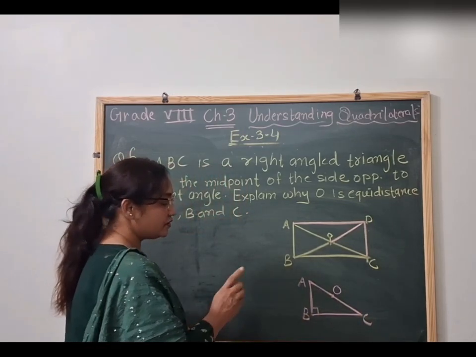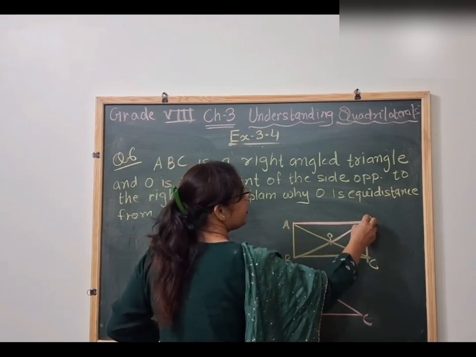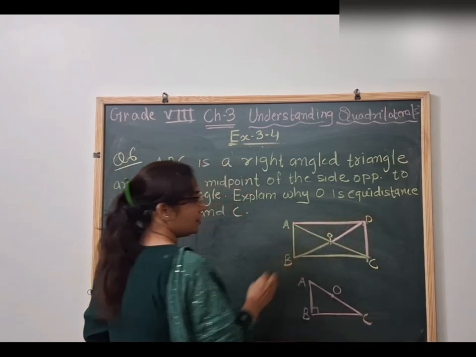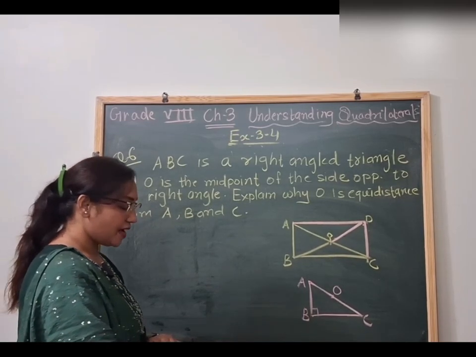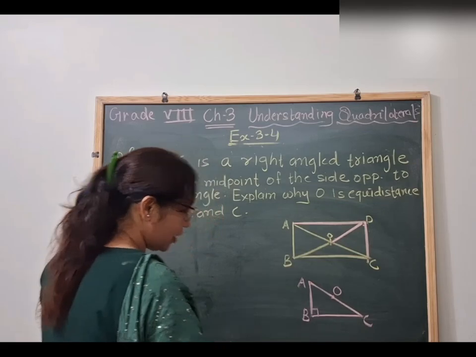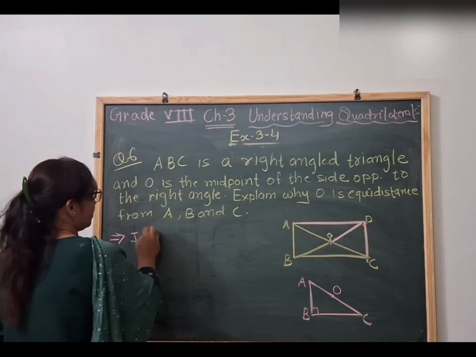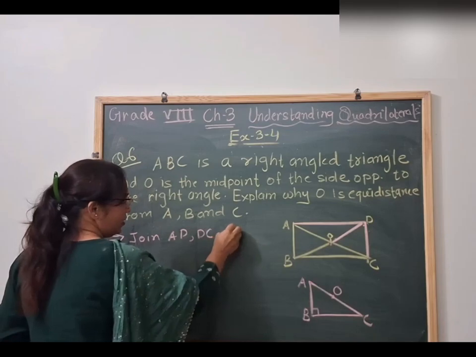Now what we can do is extend and draw AD, DC and OD. If we draw like this, we will be able to carry on with our sum. So we can write: join AD, DC and OD.